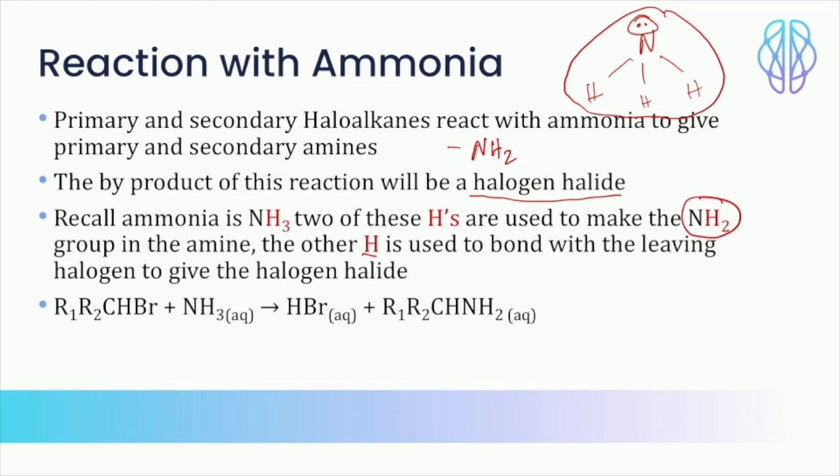This hydrogen is going to bond with the leaving group, which is the halogen in the original haloalkane, to give you your hydrogen halide. And I'll show that a bit more diagrammatically in a stepwise reaction in the next slide. However, this is a general rule for a reaction between a secondary haloalkane, so notice how it has two alkyl groups, and ammonia to give you hydrogen bromide and this secondary amine here.